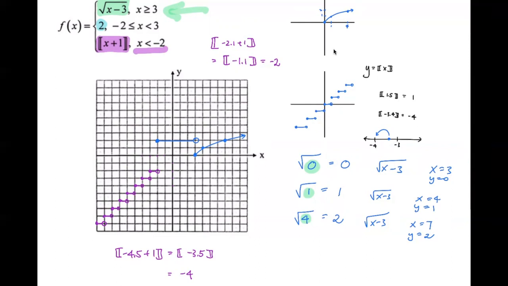Again, the reason why the graphs will show up like this is all because of the function value. So you want to make sure that you understand how the function value occurs, how they show up, and then you have the correct graph. Okay, so that's pretty much it.